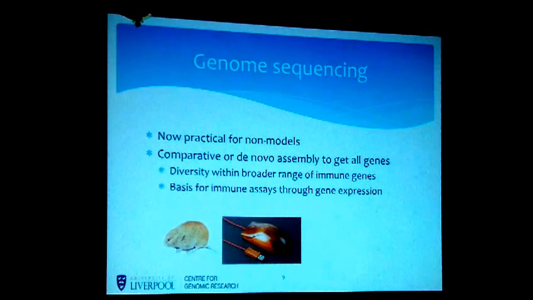That points you right to things that might be particularly important, and then one can go out and look at individual SNPs in those genes and compare that to resistance in a population of, I think, probably about 1,000 animals for each of the field voles and the wood mice.